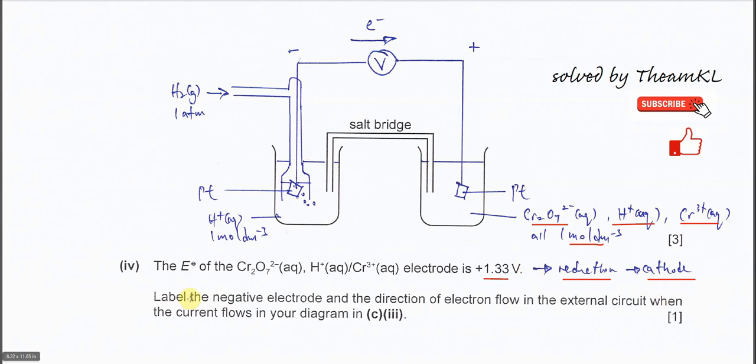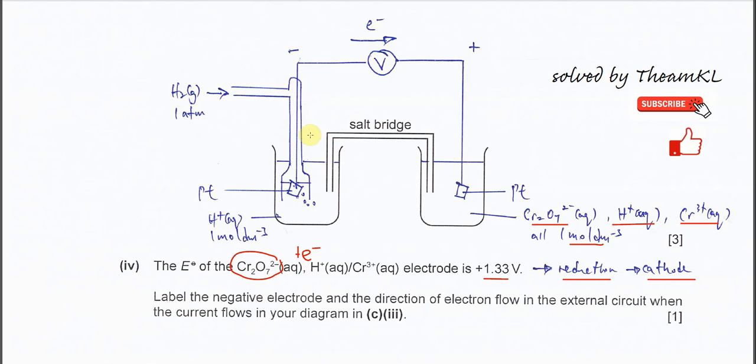Now label the negative electrode and the direction of the electron flow in the external circuit when the current flows in your diagram in part 3. This one is very easy because the dichromate is the half cell that needs to gain electrons. It needs to get the electrons from the other half cell, meaning the hydrogen electrode needs to produce electrons.